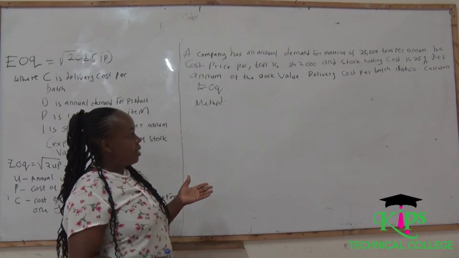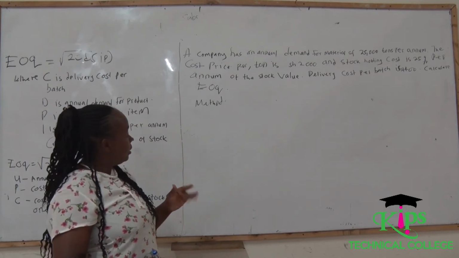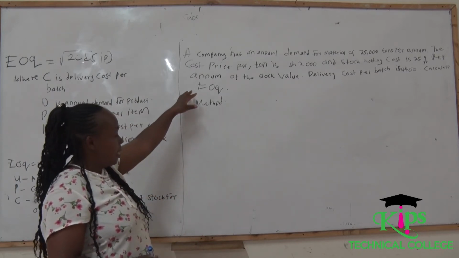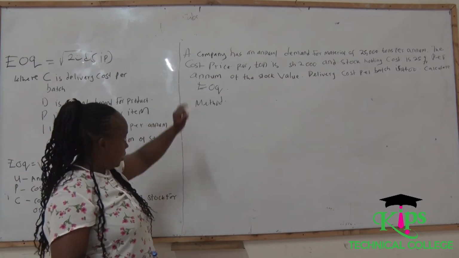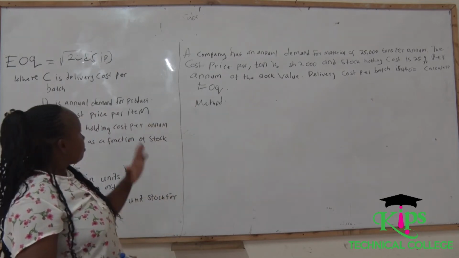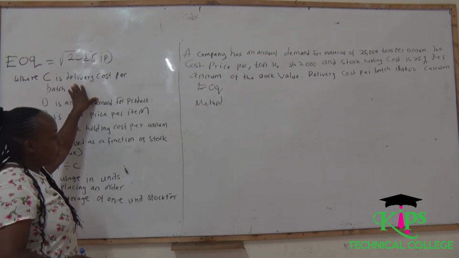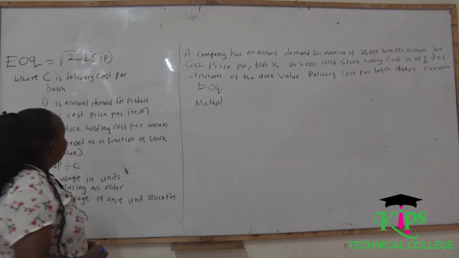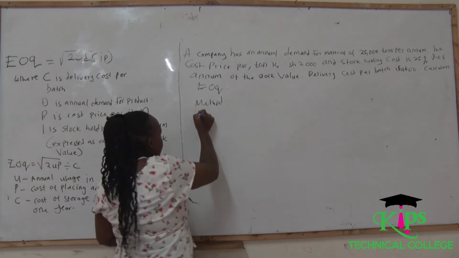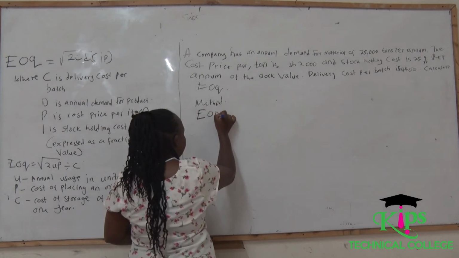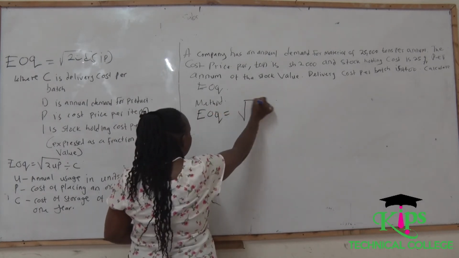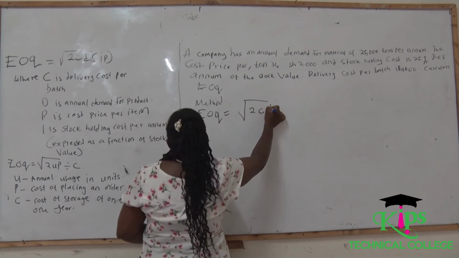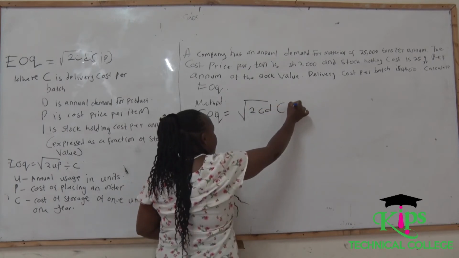Delivery cost per batch is 400 shillings. Calculate the economic order quantity. I'm going to use the first formula; you can try using the other formula. Economic order quantity is equal to the square root of 2CD divided by IP.